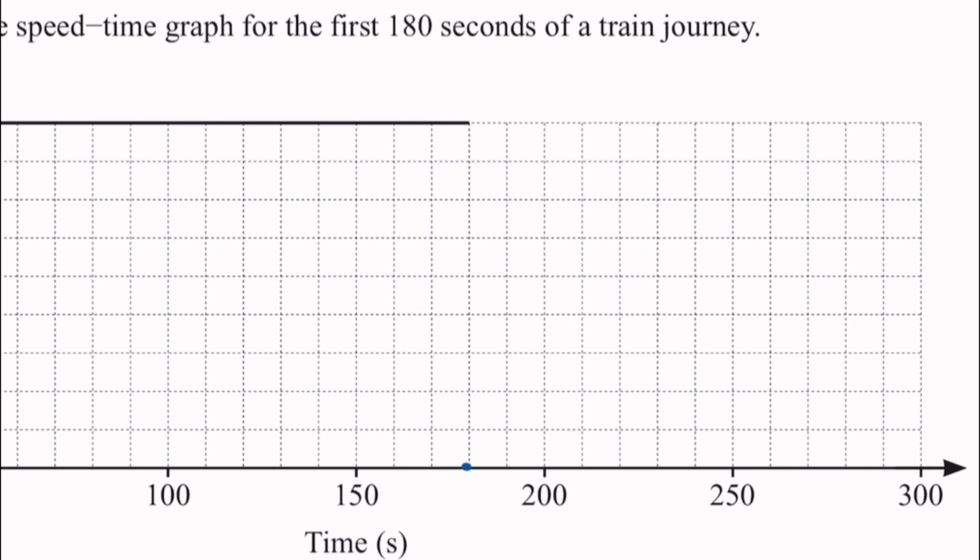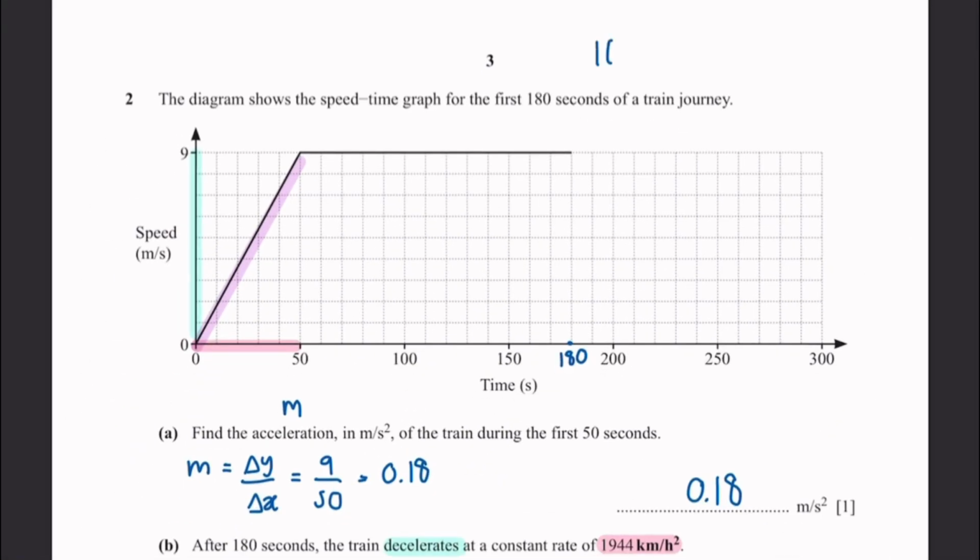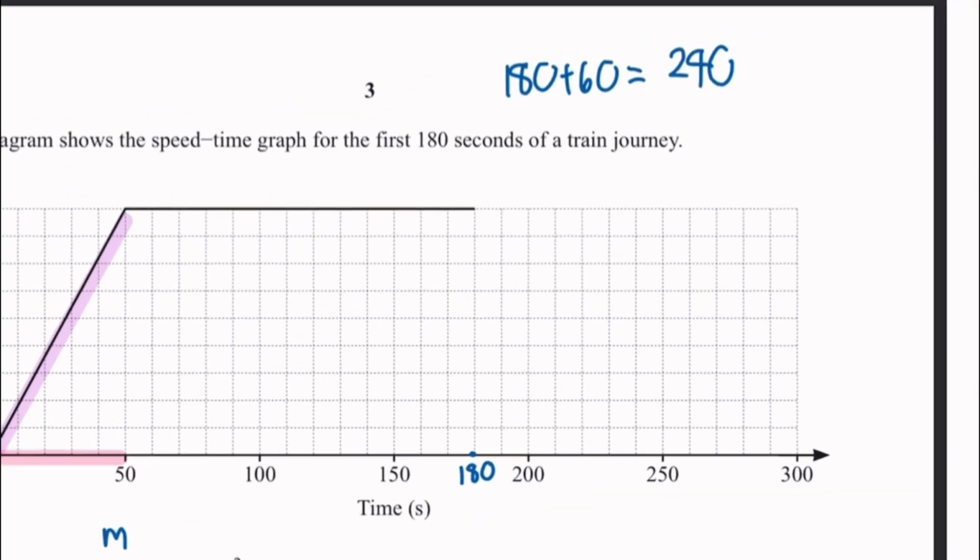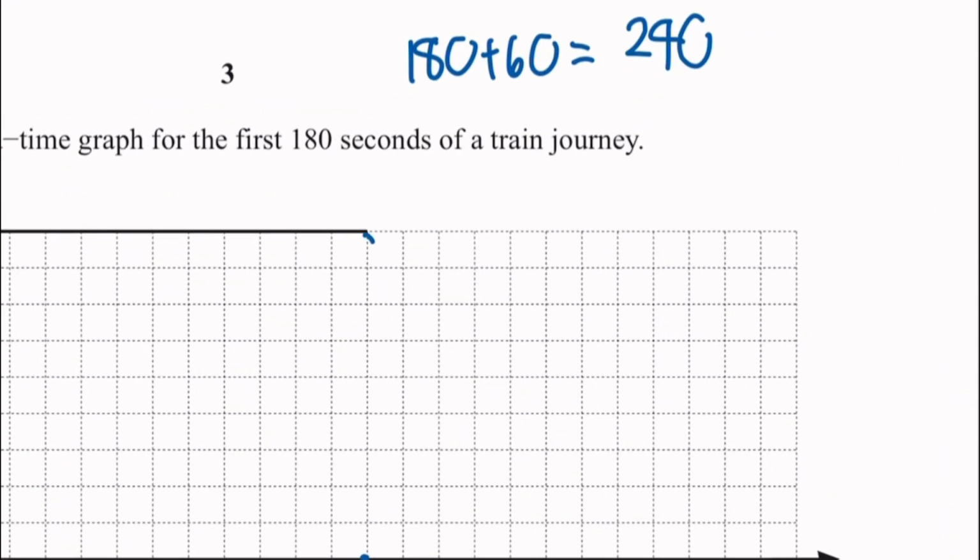This point is 180. 180 plus 60 is 240. So it decelerates until 240.